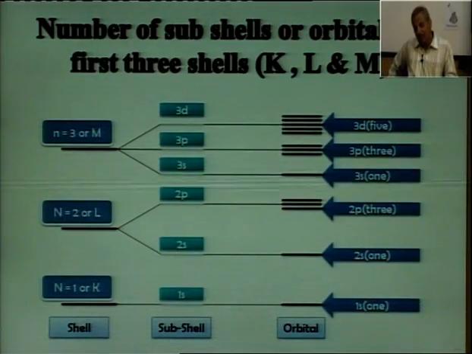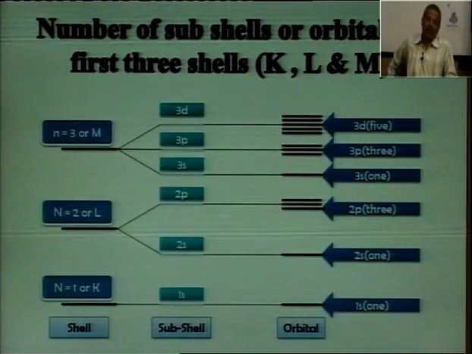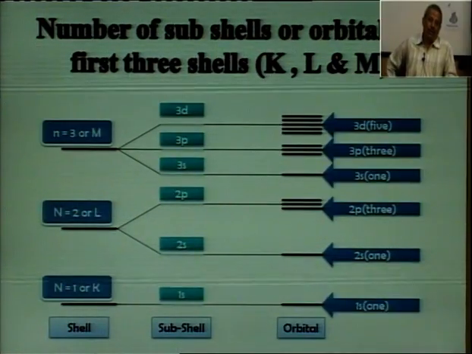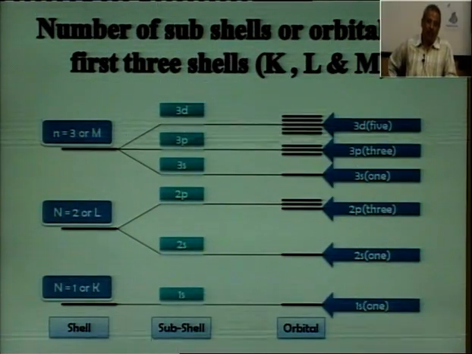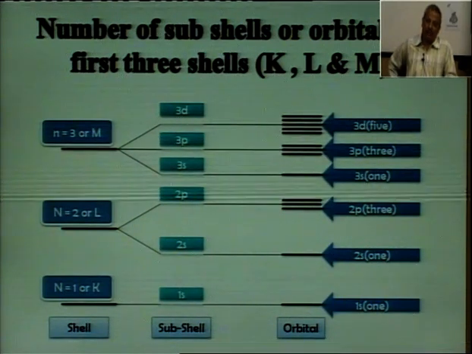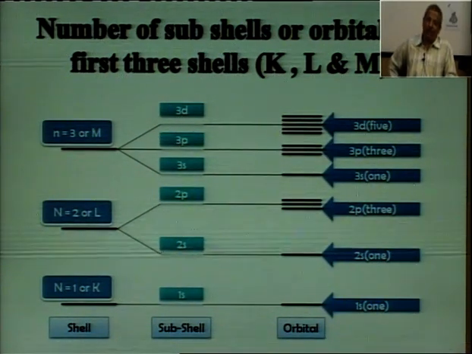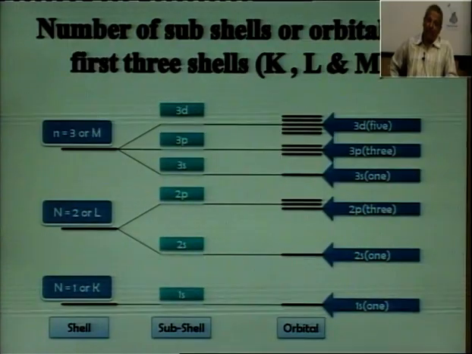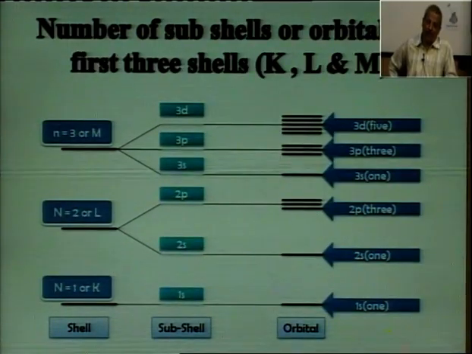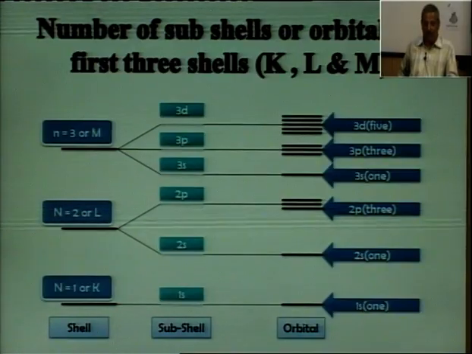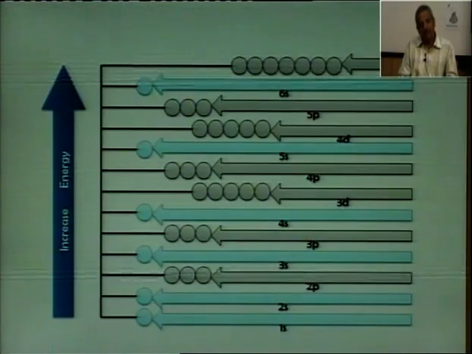Similarly, if the azimuthal quantum number is 2, then there are 5 possibilities of the magnetic quantum number: -2, -1, 0, +1 and +2.